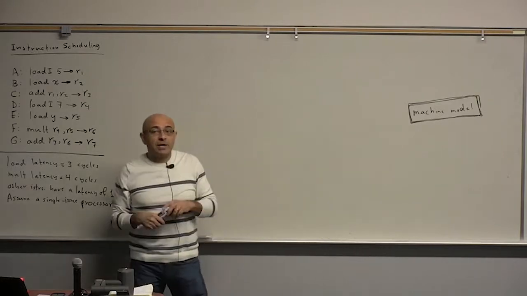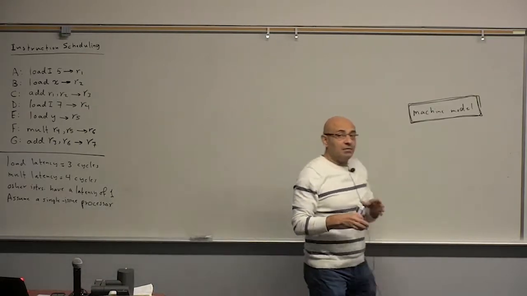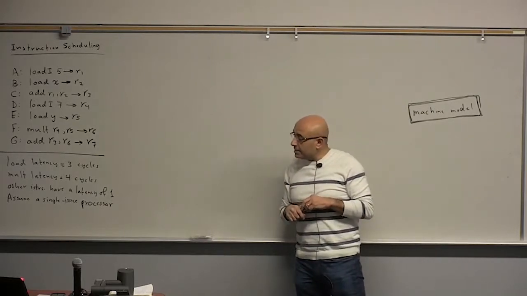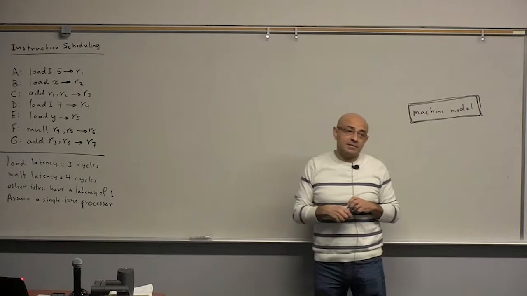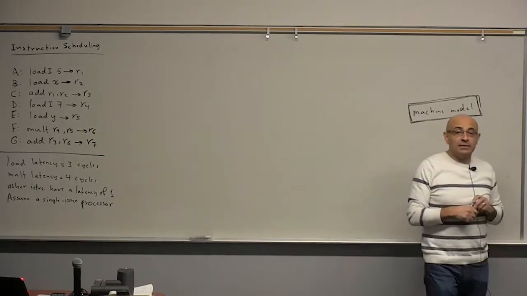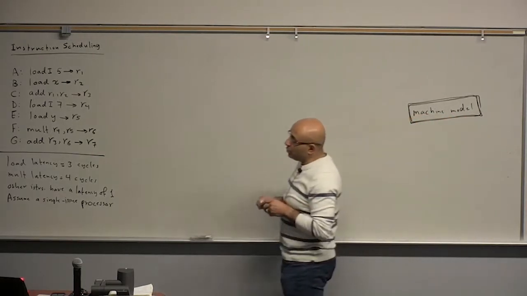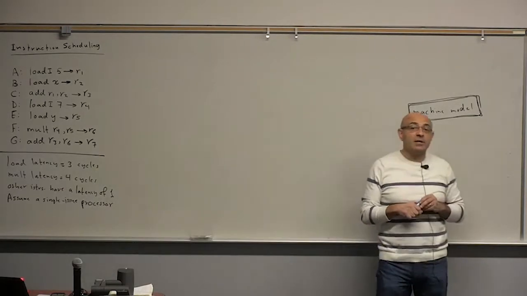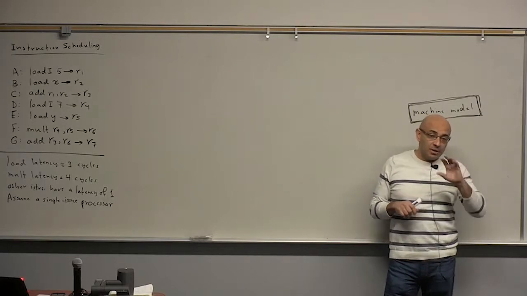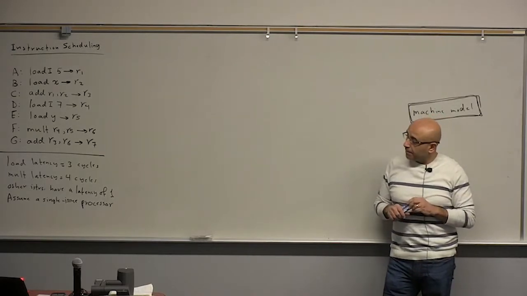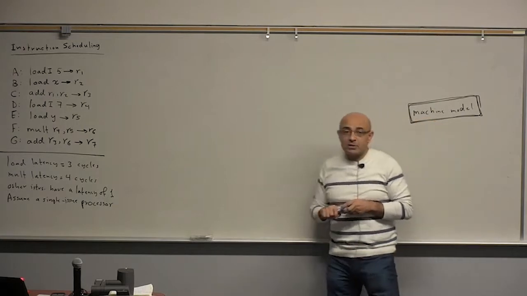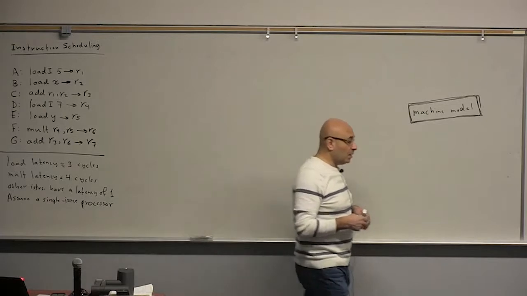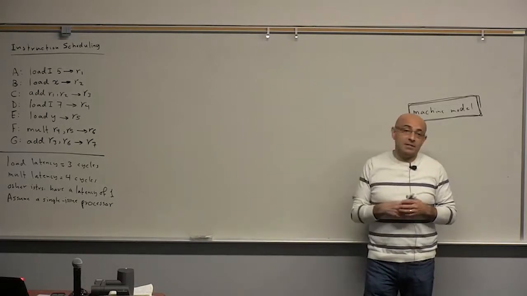So it will have to capture the different functional units on the processor. Latencies, these are static latencies. On a real processor, there are more latencies that are caused by resource constraints within the processor. So within the processor, there are some resource constraints that may cause the actual latencies to be longer than these latencies.